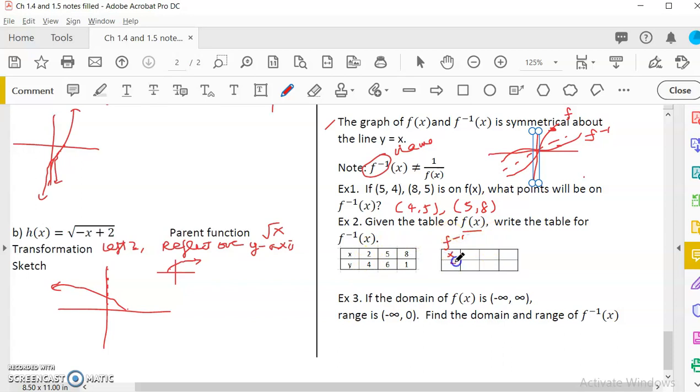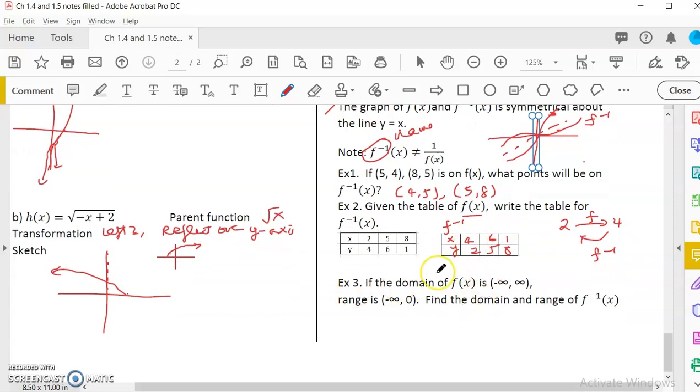It's very easy. I just switch the x and y values. So instead of 2, 4, in the inverse, I have 4, 2. Because in the original function, we do map 2 to 4. The inverse goes back, right? We map 4 back to 2.